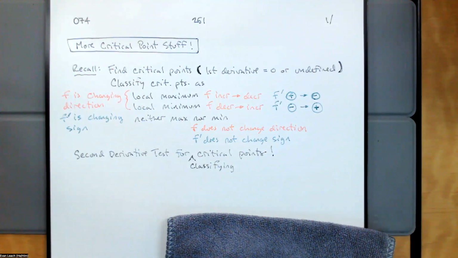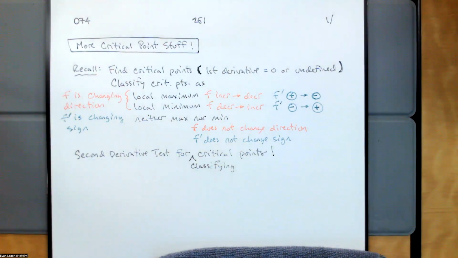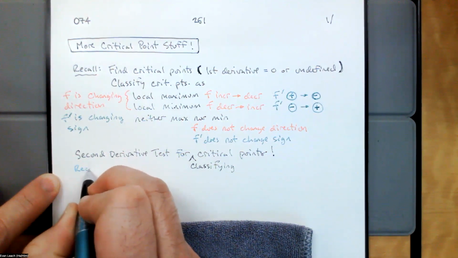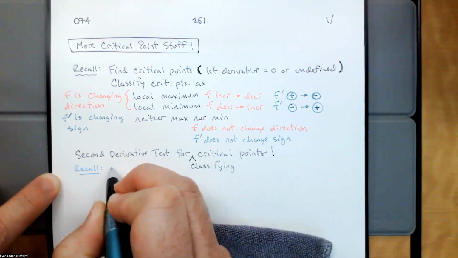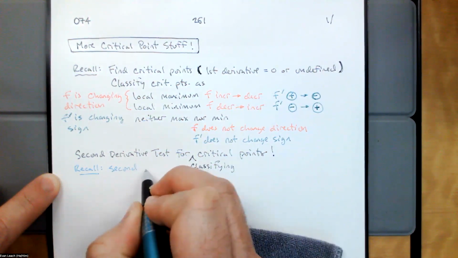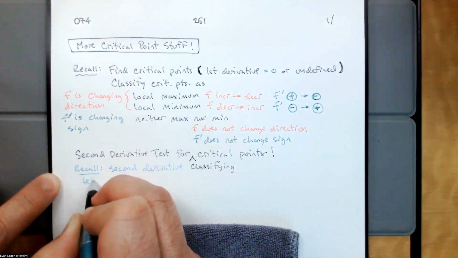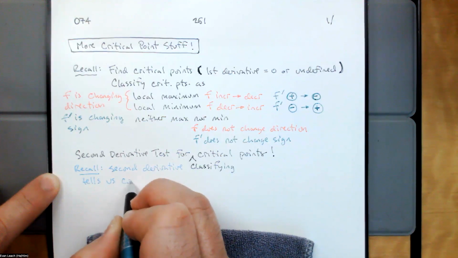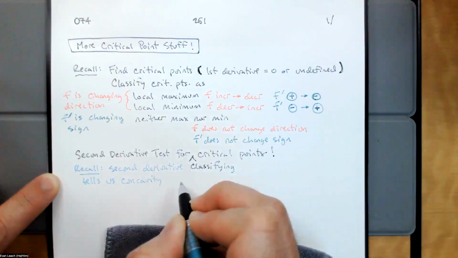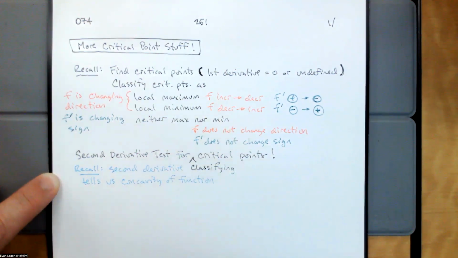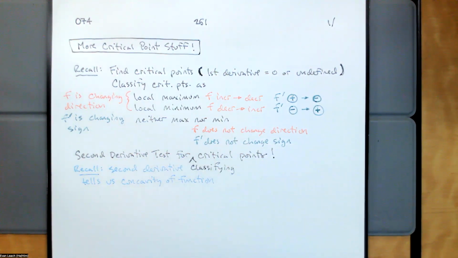Remember that the second derivative tells us about the concavity of a function.